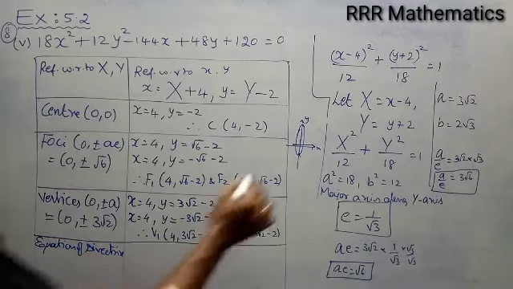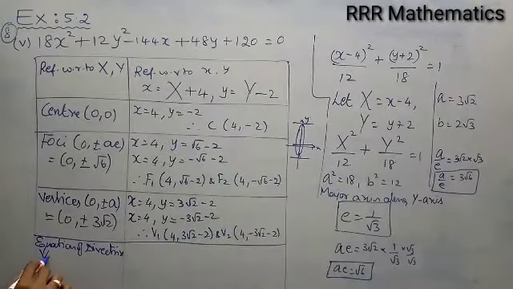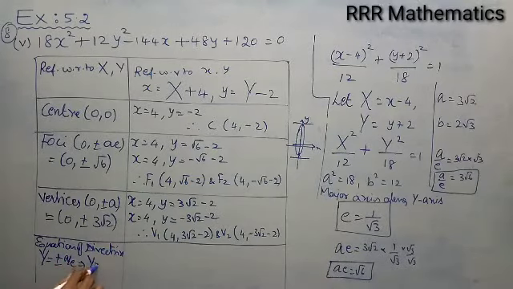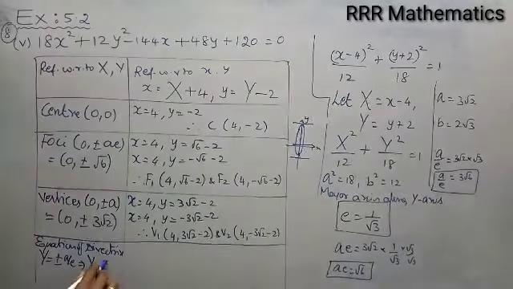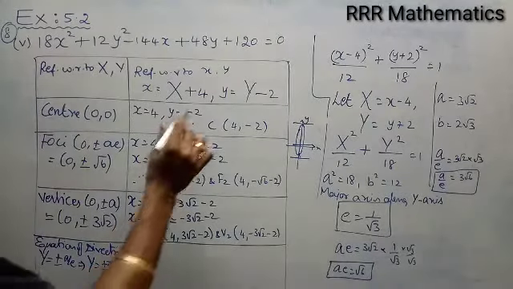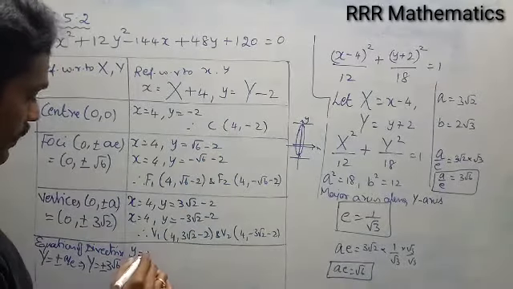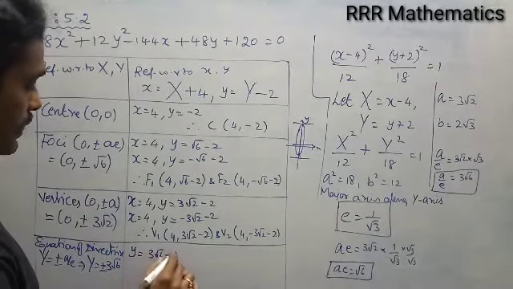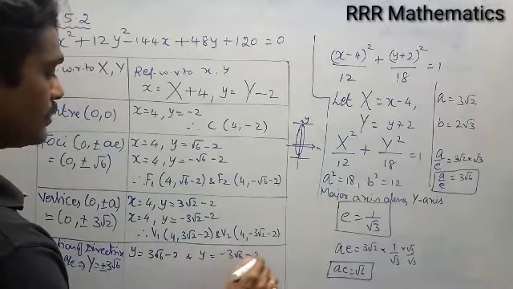The equation of Directrix will be parallel to the x-axis, that is y equal to constant. Capital Y equal to plus or minus A by E. That is capital Y equal to plus or minus, what is A by E, which is 3 root 6. Replace here. Get the small value, which is 3 root 6 minus 2 and y equal to minus 3 root 6 minus 2.